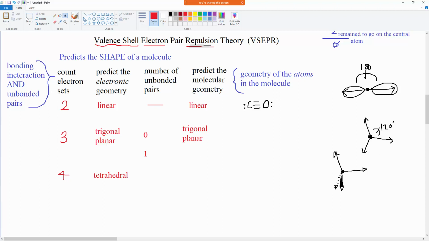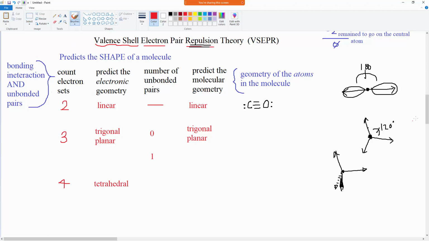So if I'm looking at the geometry of the atoms, it's going to be the same. But if instead I've got 1 unbonded pair, then it makes a difference. So let me show you what my options are here.